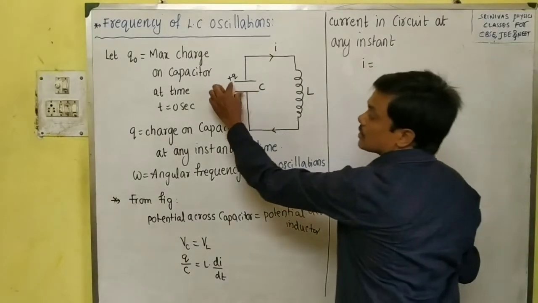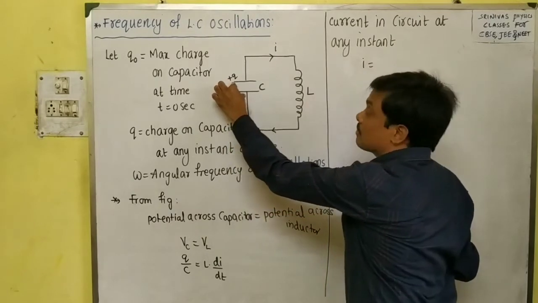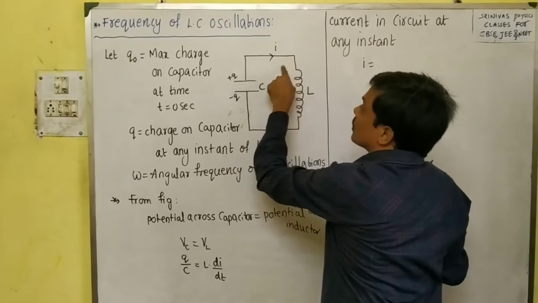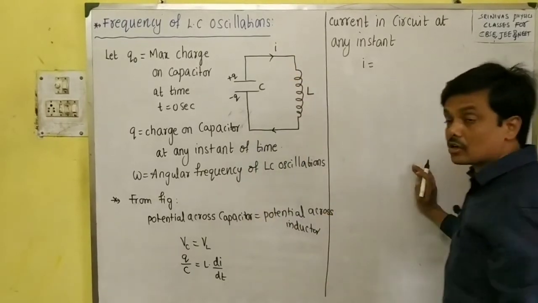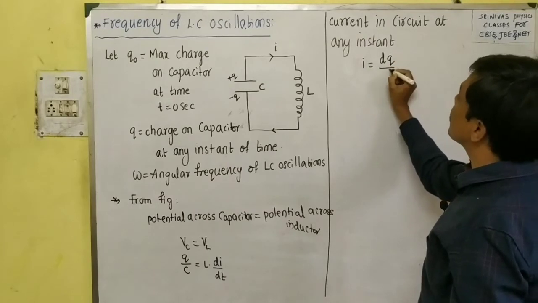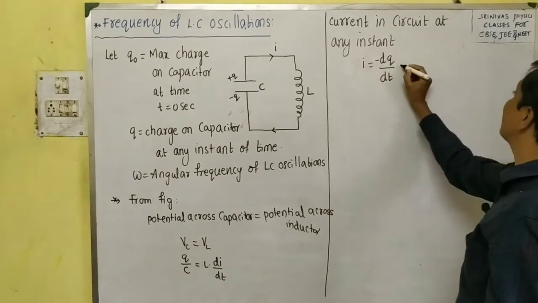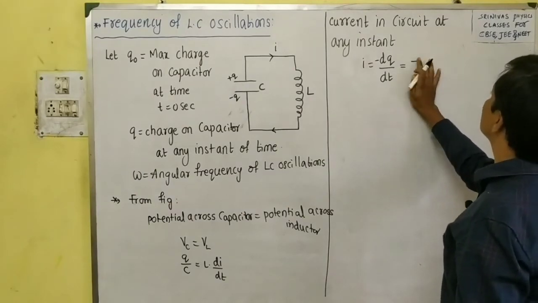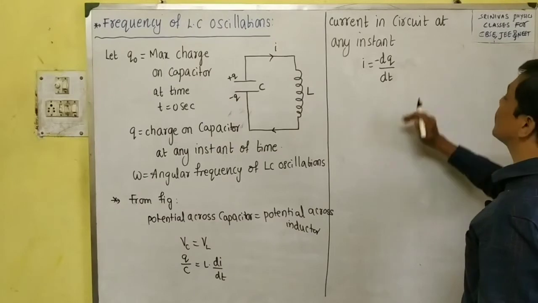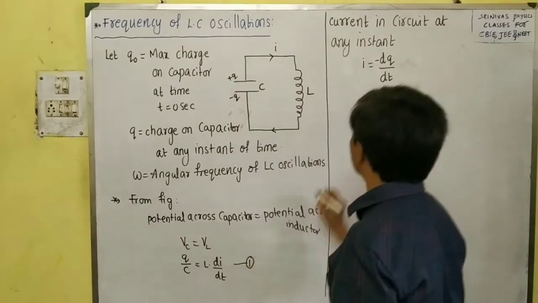With whatever rate the charge decreases on the capacitor, with that much rate the current increases in the circuit. That means the current is equal to the rate of flow of charge, but here the charge is decreasing on the capacitor, that's why we write I equals minus dq by dt. We substitute this in the equation, and we can take this as equation 1.